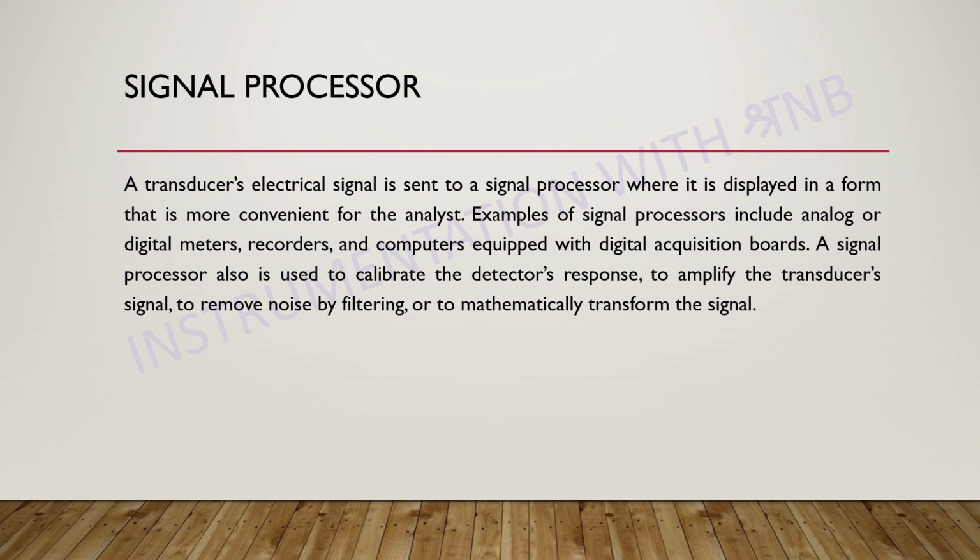A signal processor is also used to calibrate the detector's response, like setting the blank, and then if we put an analyte in, seeing what changes the instrument shows. It is also used to amplify the transducer signal, to remove noise by filtering, or to mathematically transform the signal.